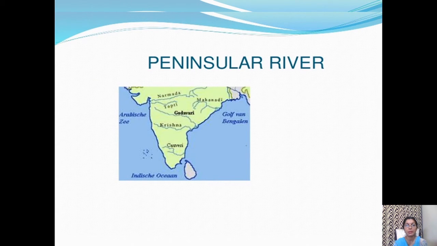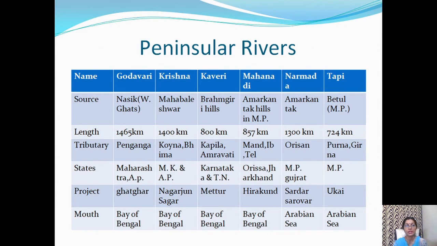This is the map of peninsular rivers: Narmada, Tapi, Mahanadi, Godavari, Krishna, Kaveri are the main rivers of peninsular India. A similar table for peninsular rivers is made here, covering source, length, tributary, states, project, and mouth of the river.